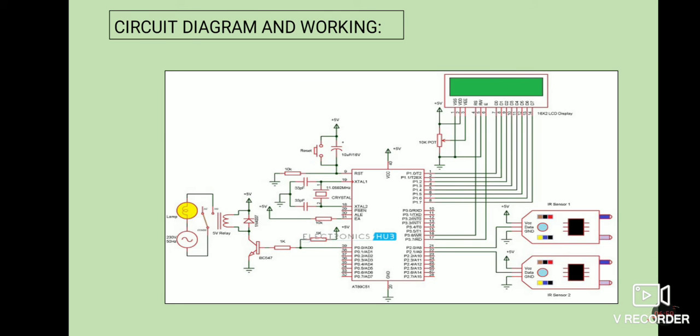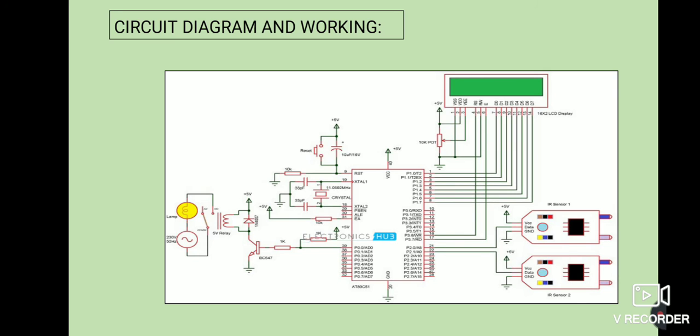In the hardware connection for the automatic room light controller, the circuit is shown. We are using the 8051 microcontroller, designed by Intel in 1981. It is an 8-bit processor. Port 2 is the input port. Pin numbers 21 and 22 are connected to IR sensors 1 and 2. Pins 1 to 8 are connected to LCD pins 7 to 14.